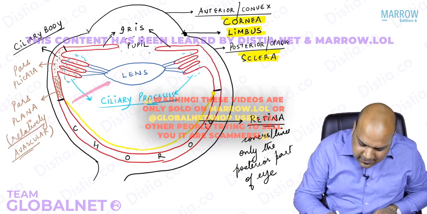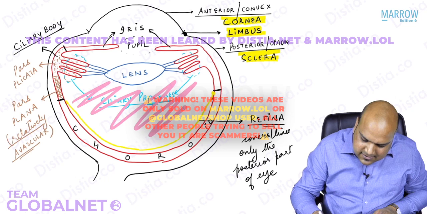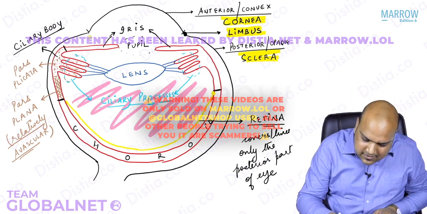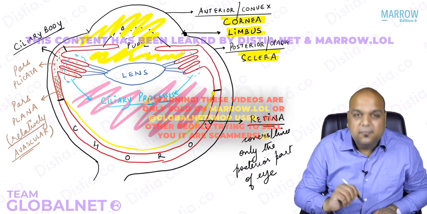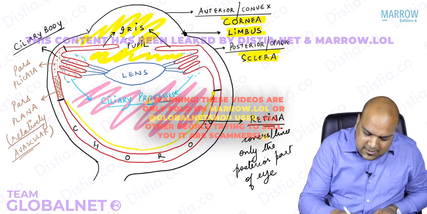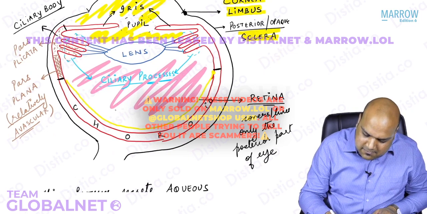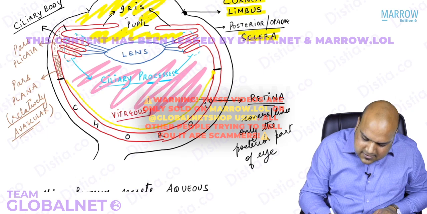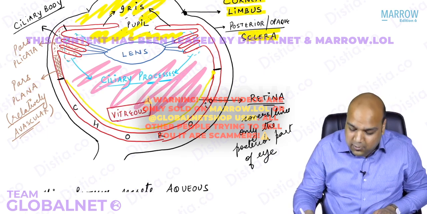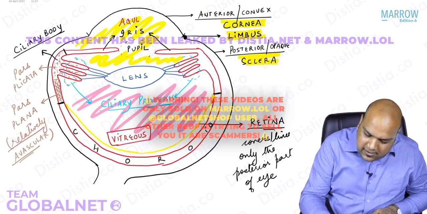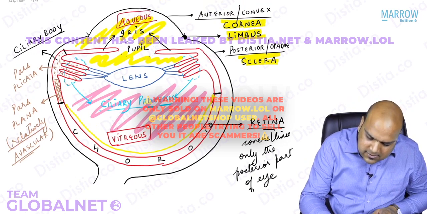The space behind the lens contains vitreous, as we had seen in our 3D model. And the space in front of the lens contains aqueous.